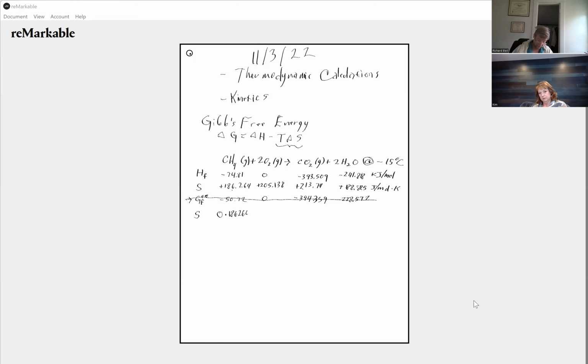0.186264. All I'm going to do is move the decimal point 3 places to the left. So I don't even need a calculator to do this. Just move that decimal point. I always put a 0 here.